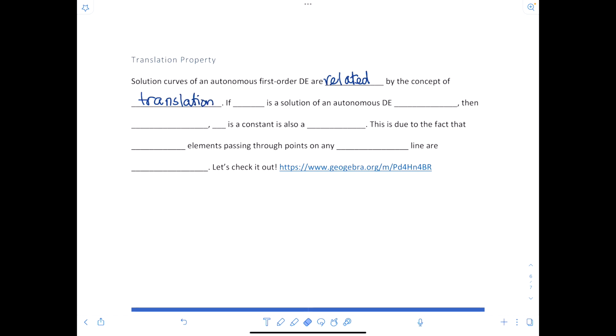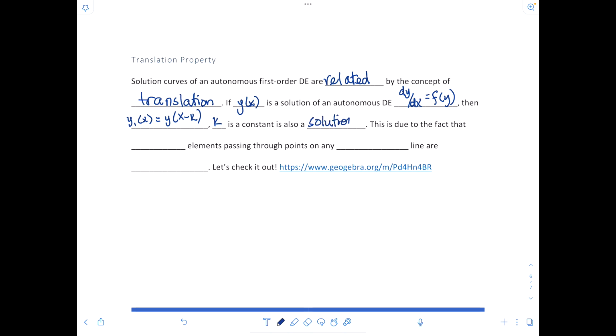If y of x is a solution of an autonomous differential equation, remember dy/dx equals f of y, then y1 of x equal to y of x minus k, where k is a constant, is also a solution.